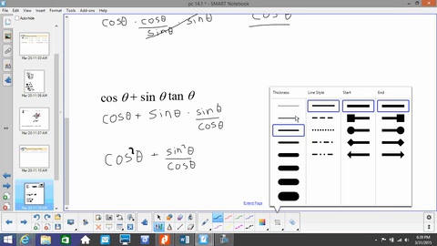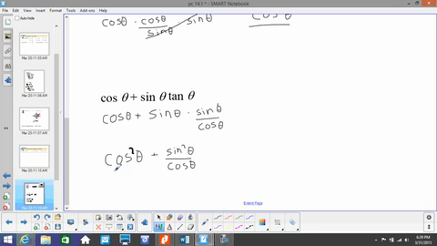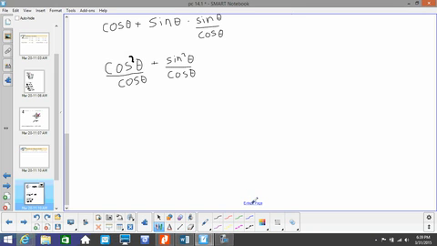All right, now I have the same common denominator. I'm going to add those together, and I'm going to get cosine squared theta plus sine squared theta all over cosine theta.